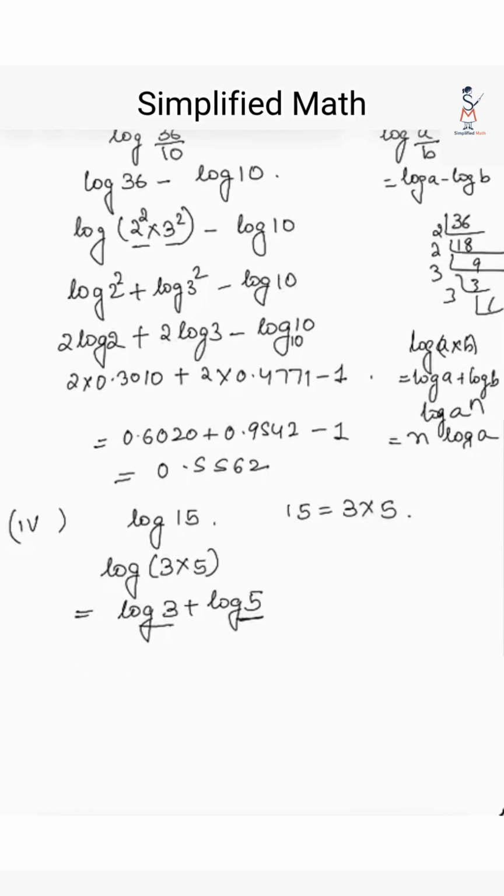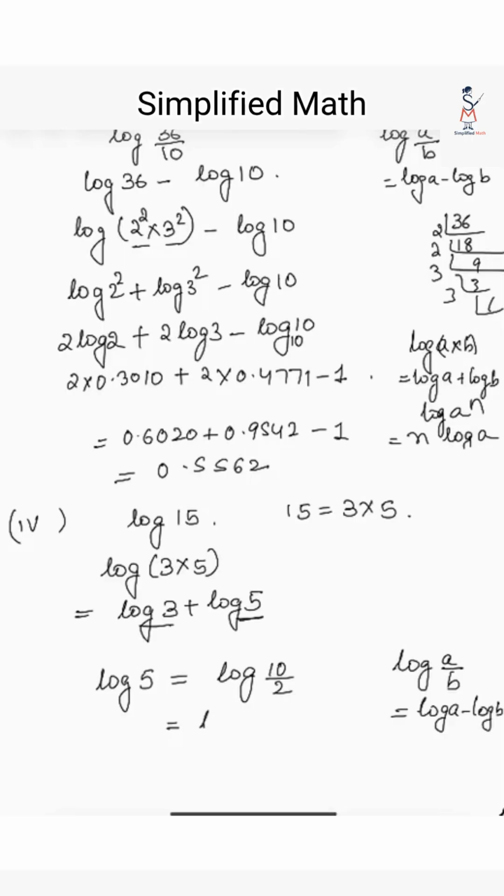So what you can do is solve log 5 separately first. Log 5 can be written as log 10 by 2 because 10 by 2 is 5, right? So this is the log A by B rule we will follow here. A by B is log A minus log B. So this will become log 10 minus log 2.